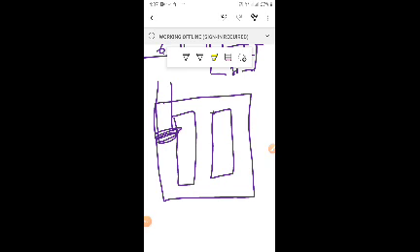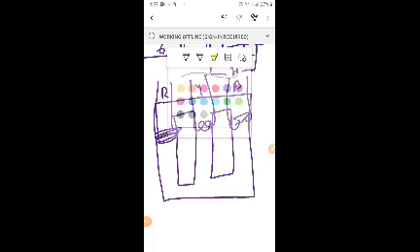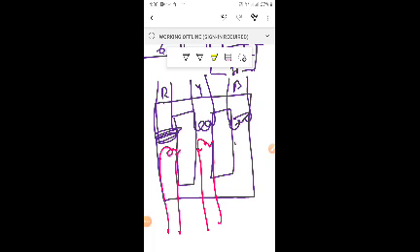Take here the primary R phase, and the secondary, another phase, this is another phase. For example, R phase, Y phase, B phase of the primary winding. Next you are going to connect the secondary winding, which is also R phase, Y phase, and B phase.